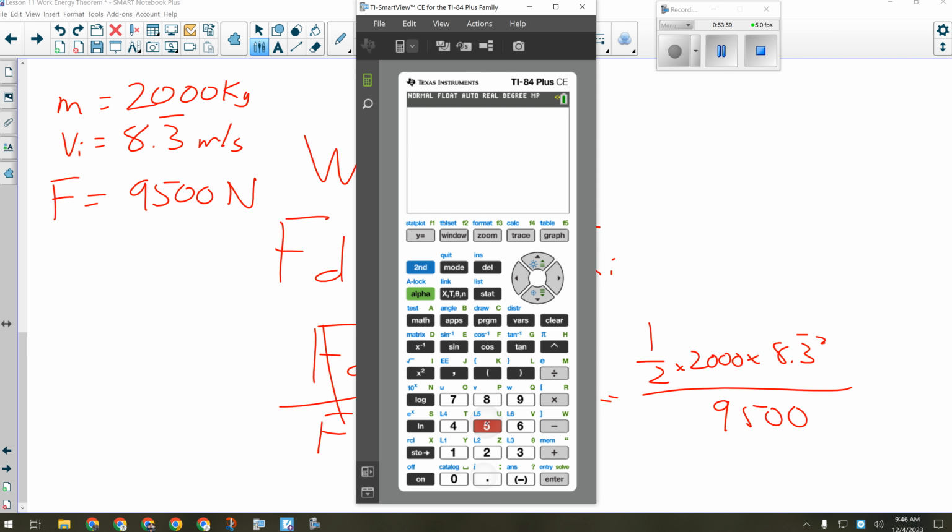Okay, so 0.5 times 2,000 times 8.3 squared, okay, divided by 9,500 newtons. All right, so my car will stop after 7.3 meters. That's really good.